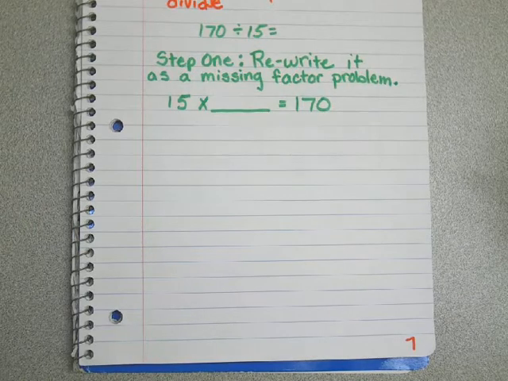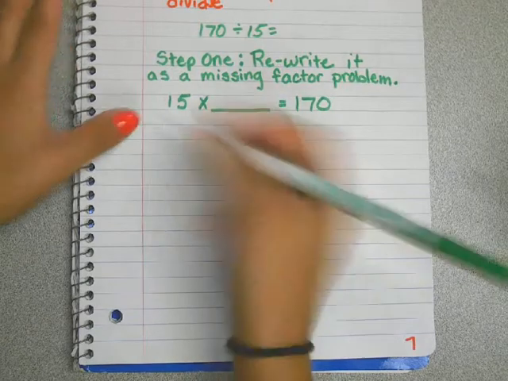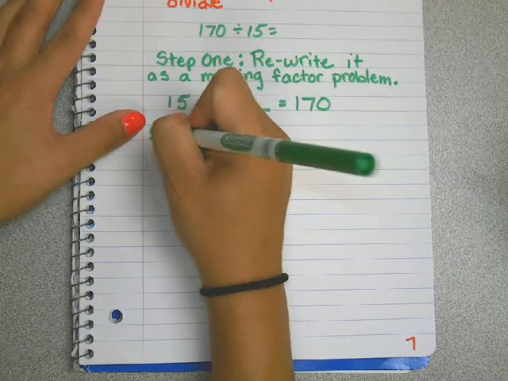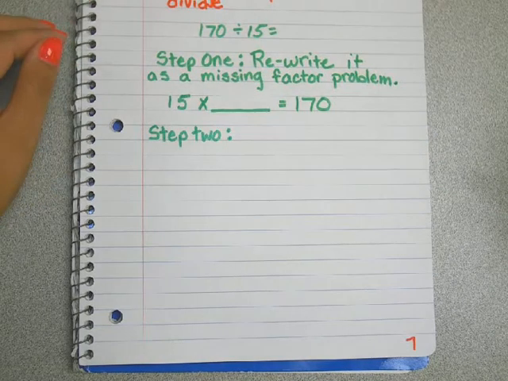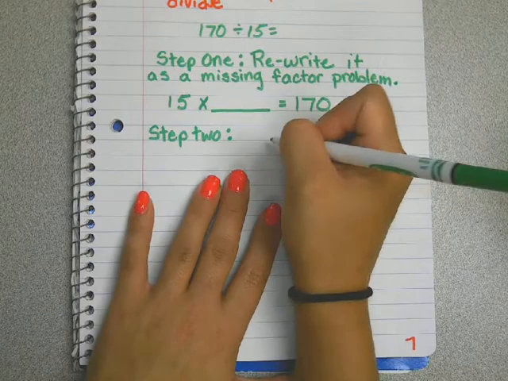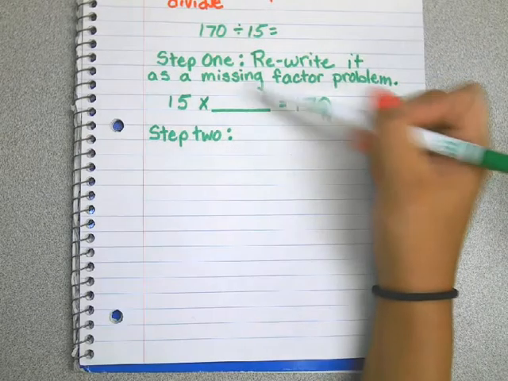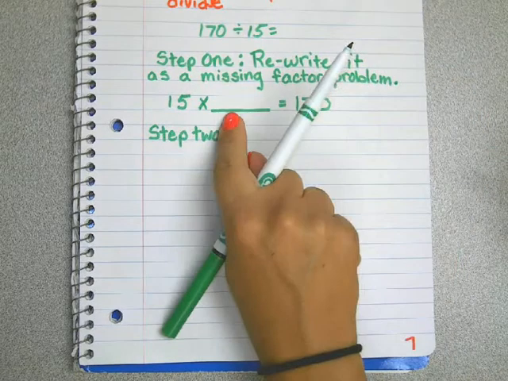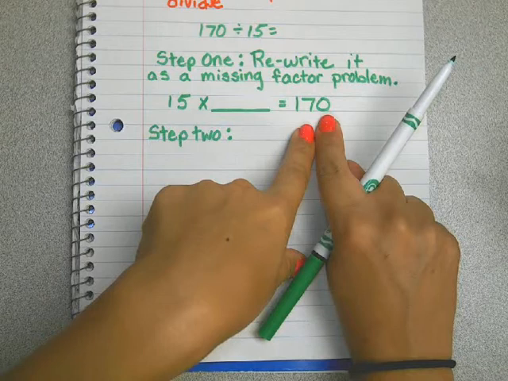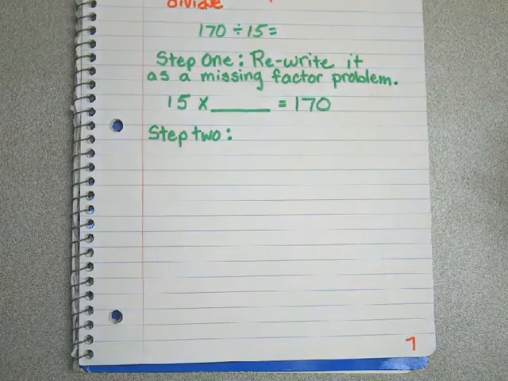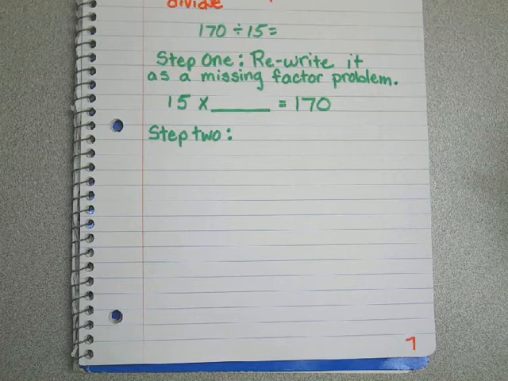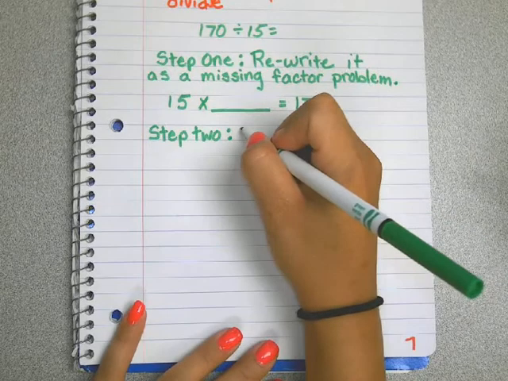Okay, so then step 2. I'm going to use landmark numbers to see if I can multiply to get close to 170. So how could we put that into words? Allison? We could say, multiply 15 by numbers to get equal to something. Okay.